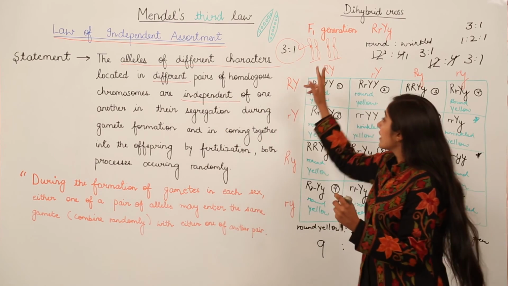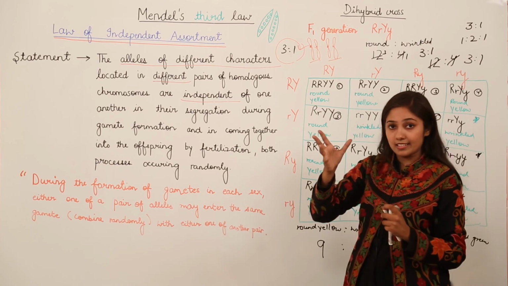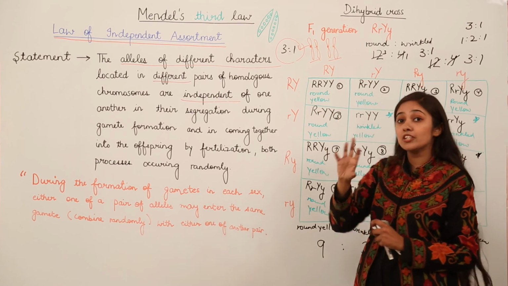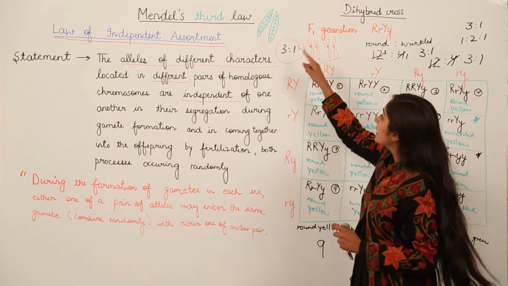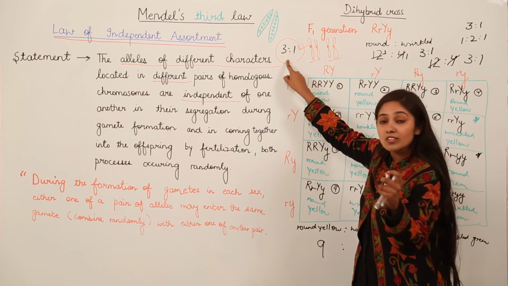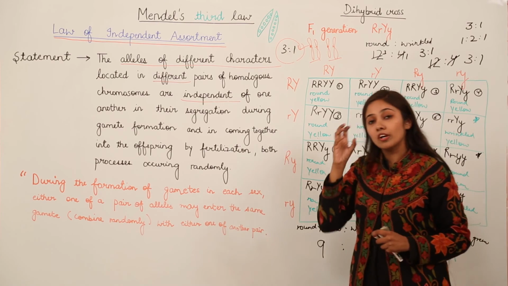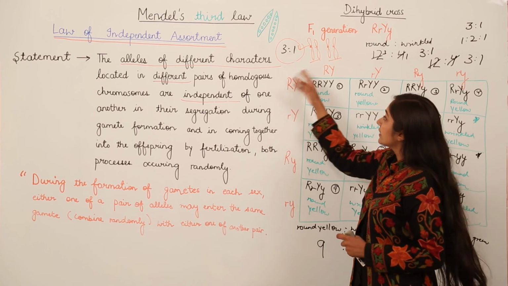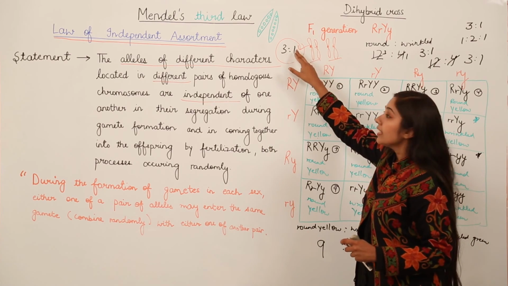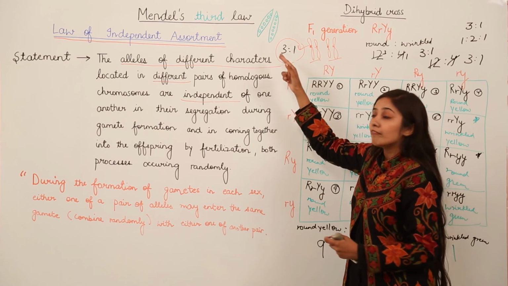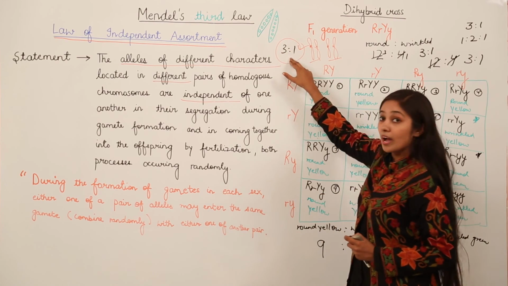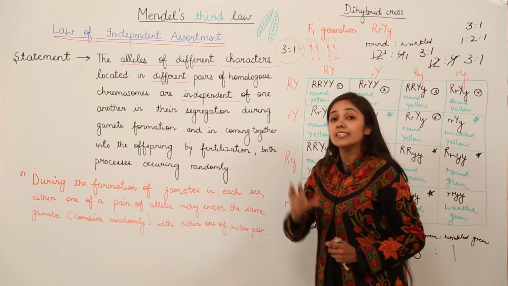So when we separated the characteristics, we compared the seed shape, round or wrinkled, and had the simplest ratio again, the same as in the monohybrid cross. When we compared the color of cotyledons, yellow to green, we again had 3:1.